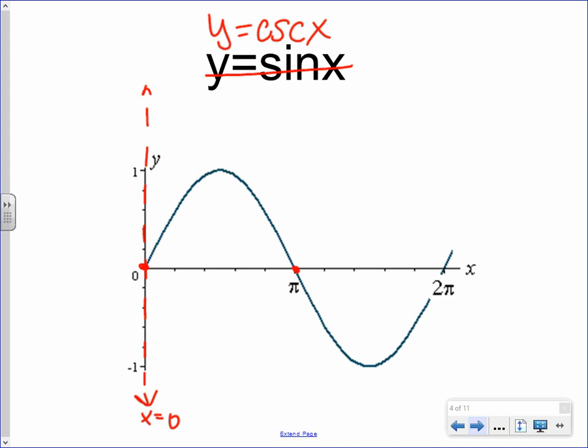When we take the reciprocal, we get undefined. So we would have an asymptote there at x equals pi. Anytime the sine is 0, we take the reciprocal and get undefined. So at 2 pi, we would also have an asymptote.